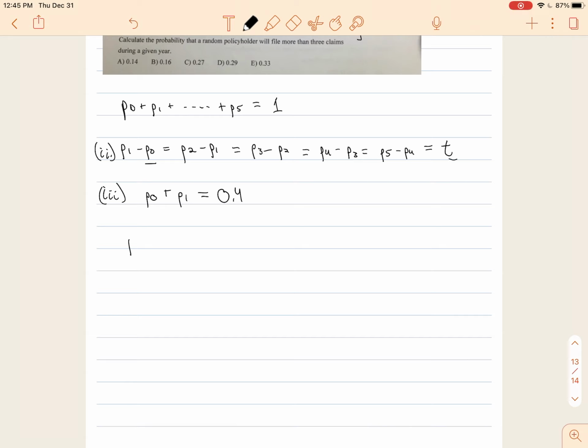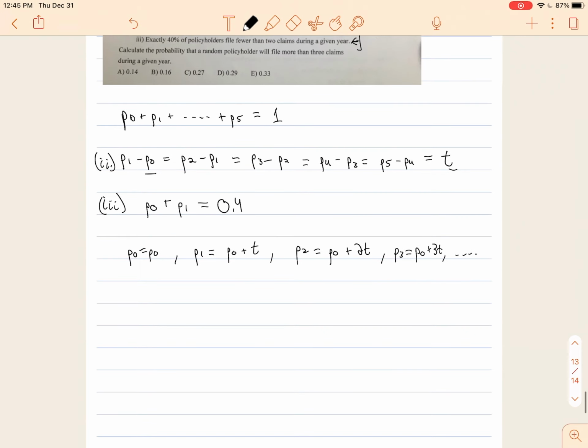Because P0 obviously equals P0, but then P1 equals P0 plus t. You see where I'm going with this? And then P2 equals P0 plus 2t, and P3 equals P0 plus 3t, and so on.